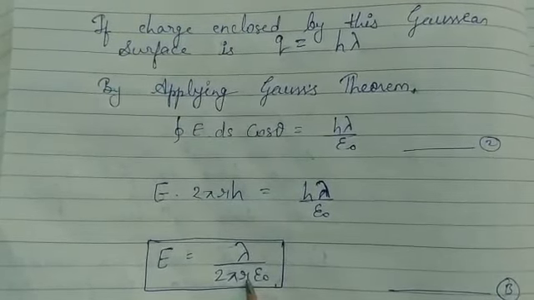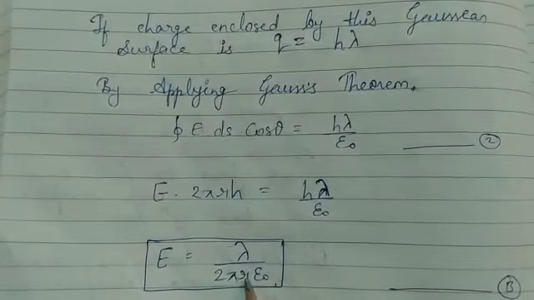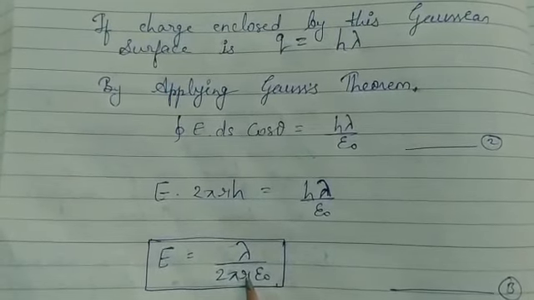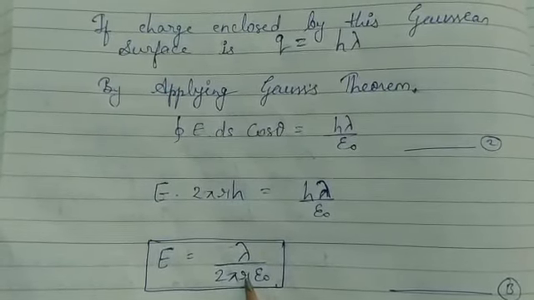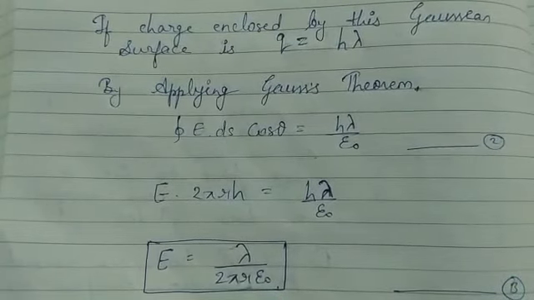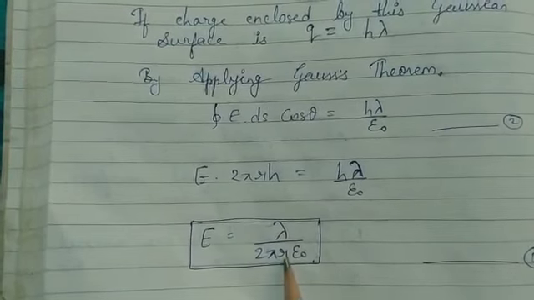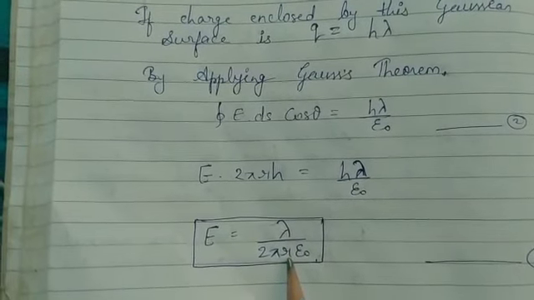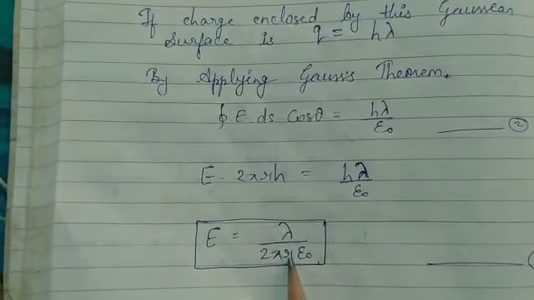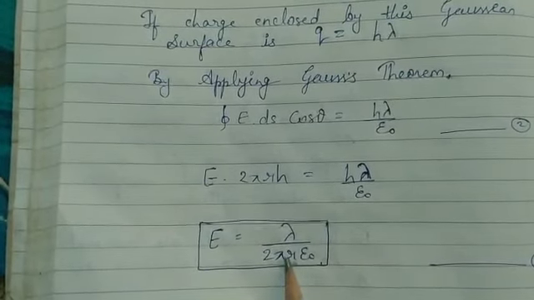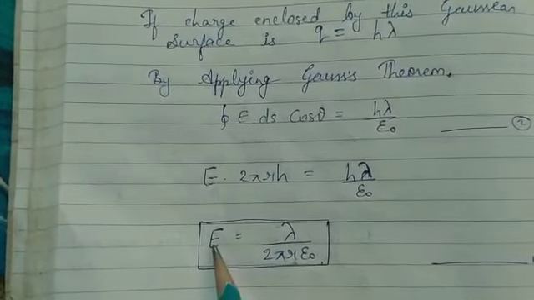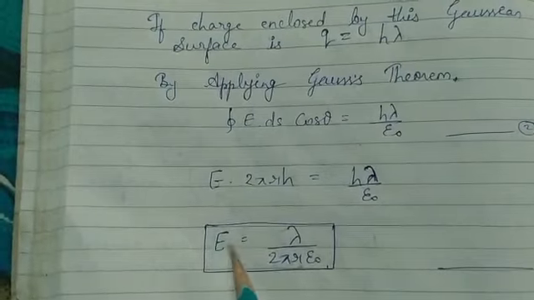Whatever distance is given, we can put it in place of r and find the electric field at various distances. One more thing we can see is that if r equals 0, that means the point is very close to or on the wire, that time the electric field will be 0.